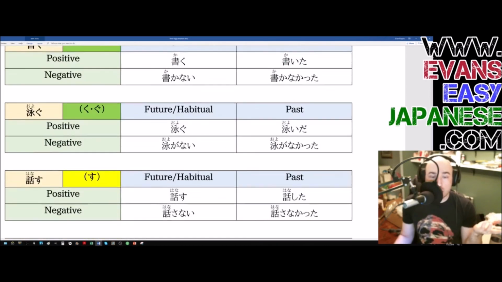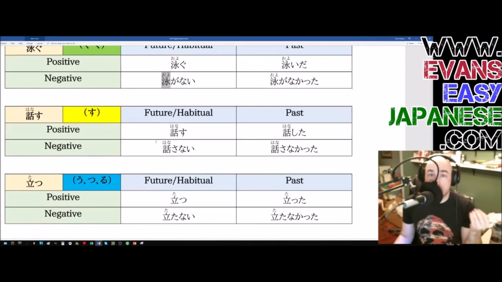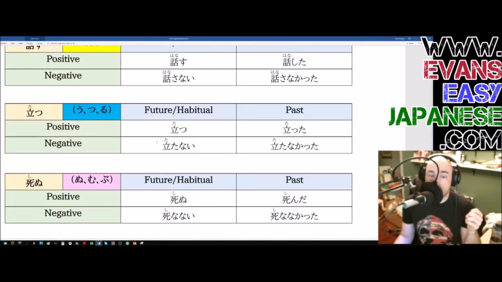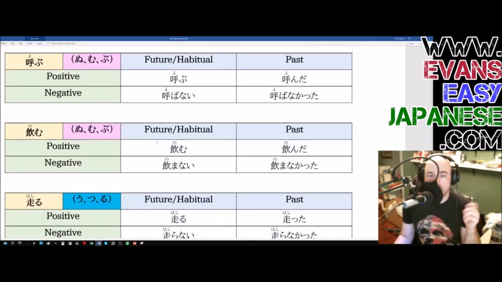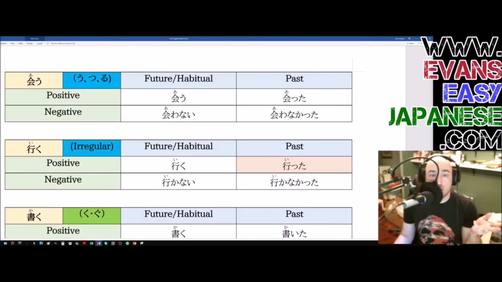Go through all of these, and at least for group 1 verbs, every part that doesn't change is in the kanji. That might not always be true, but it definitely looks like it's mostly true. Group 2 verbs are a little bit different because they have that S sound. But group 1 verbs basically follow that pattern.